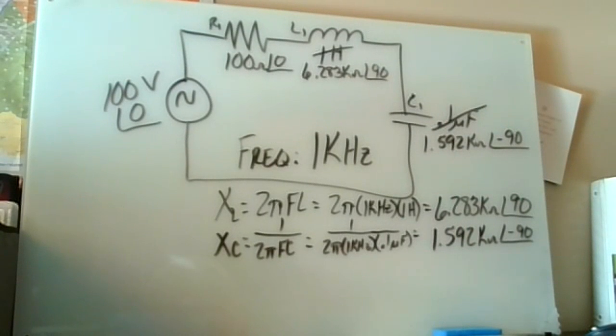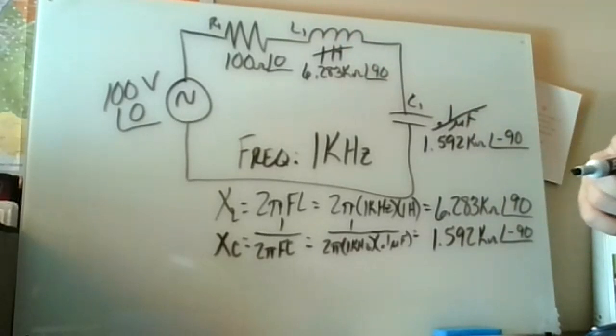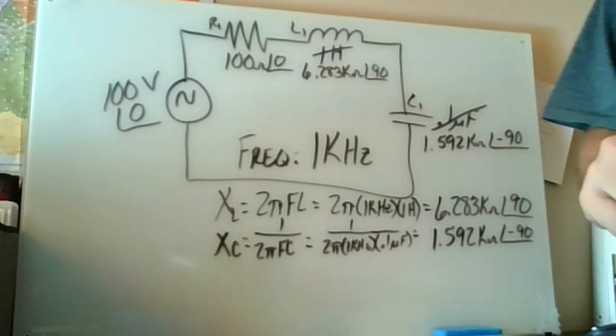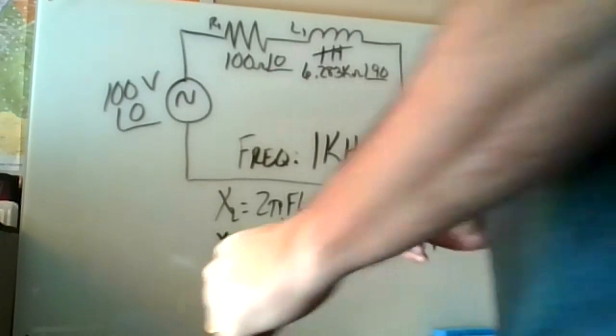Here is the only thing that's going to change between DC and AC. In DC, we added up all the resistor values and we got the total resistance, right? In AC, we're not getting a resistance. We're getting what we call impedance. So Ohm's law will change a little bit.